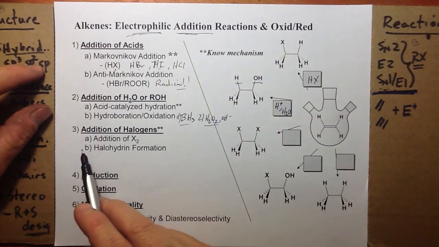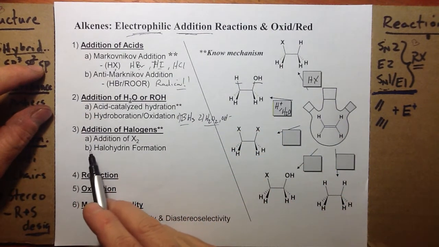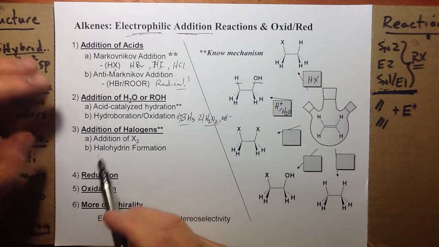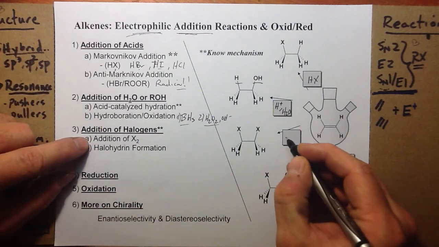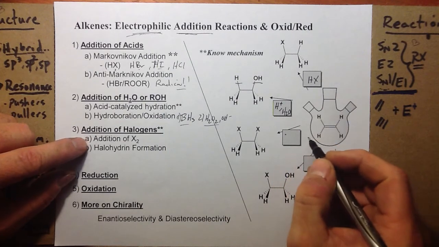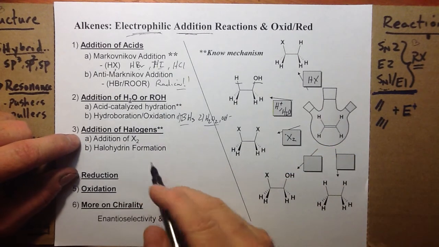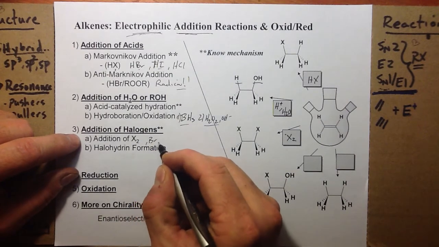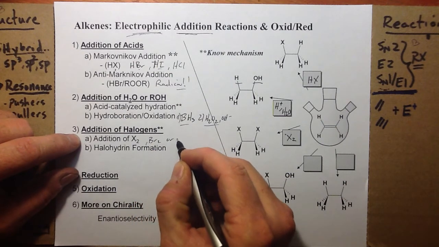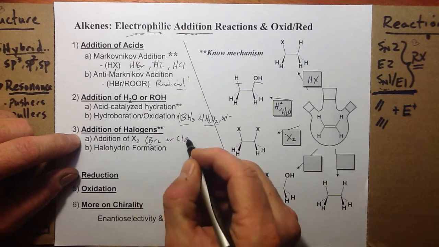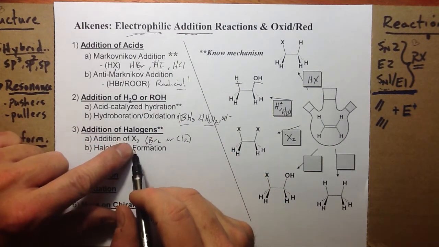And then we'll finish with 3A and 3B, which are different altogether, because what we're doing in 3A is we're adding just Br2, usually Br2 or Cl2, used as the reagent.